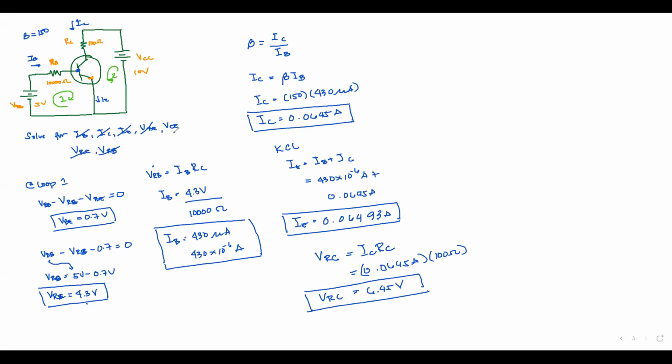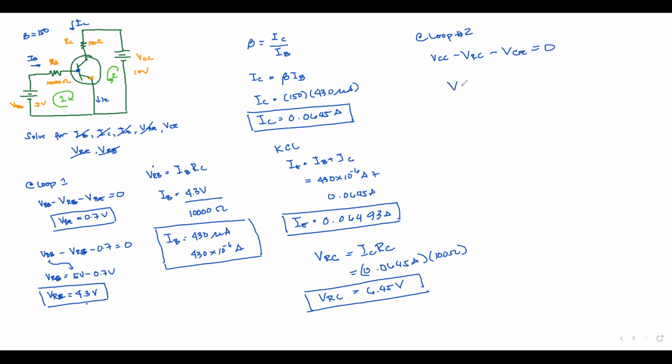I am left with the VCE. How to solve for the VCE? This is now at loop number 2. What is my loop number 2? VCC minus VRC minus VCE is equal to 0.